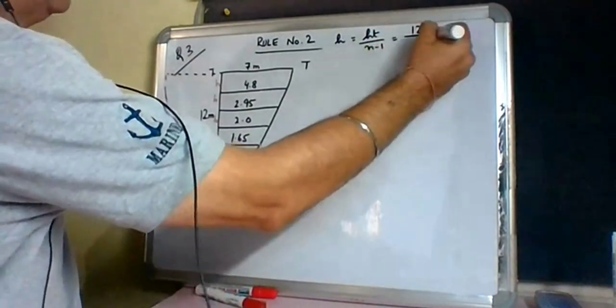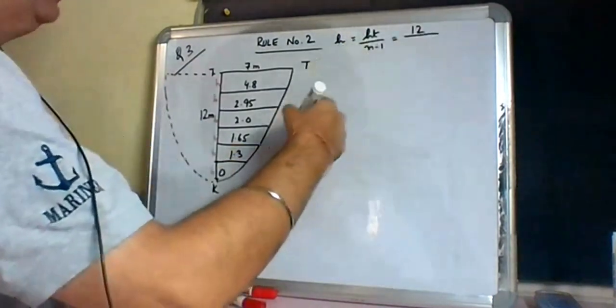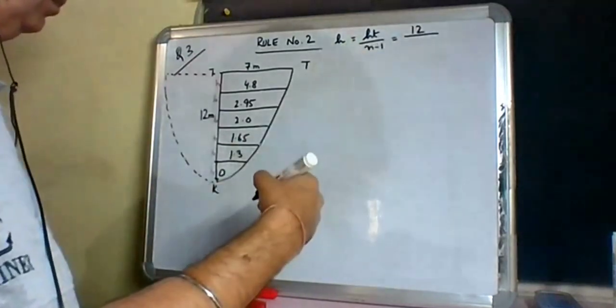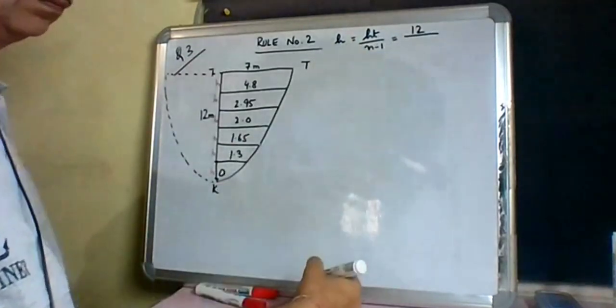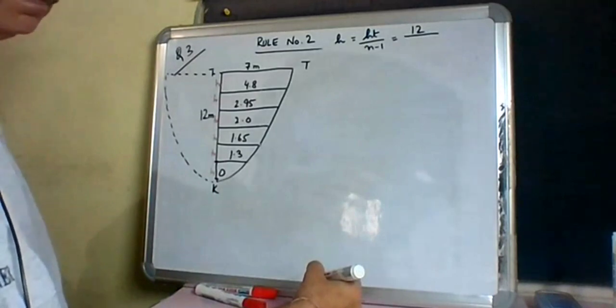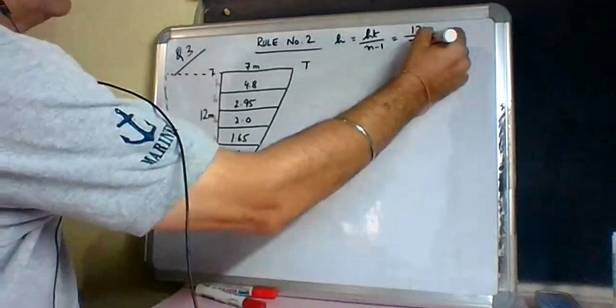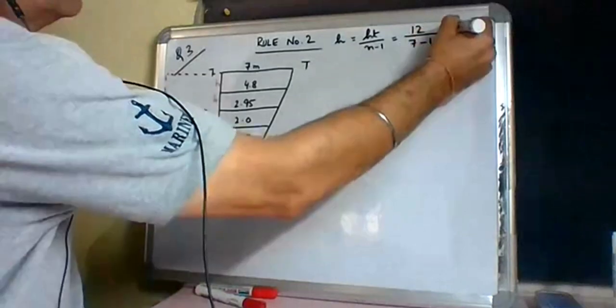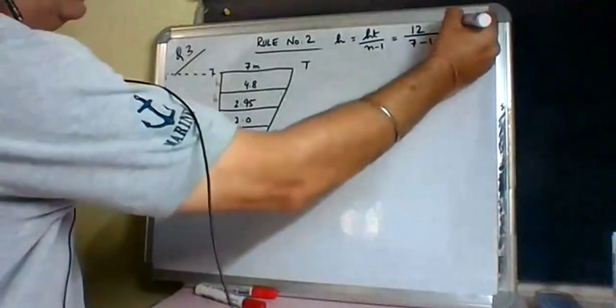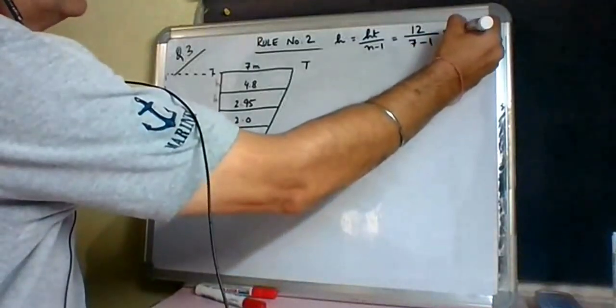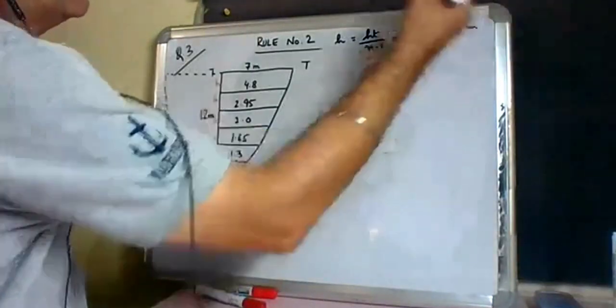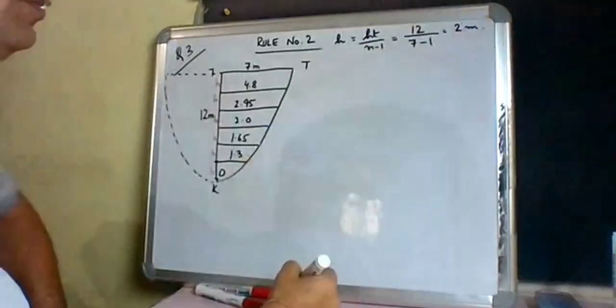So tell me the h value. Sir, 12 divided by 7 minus 1, 12 divided by 6. So h is 2 meters.